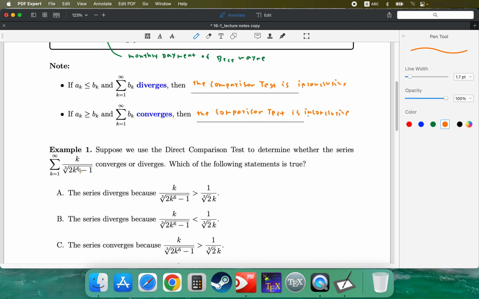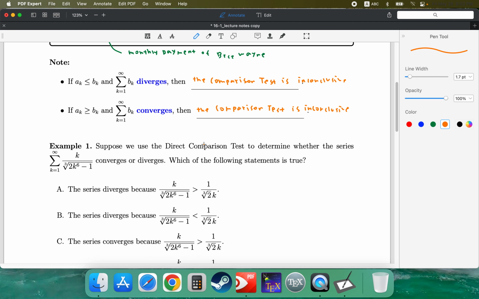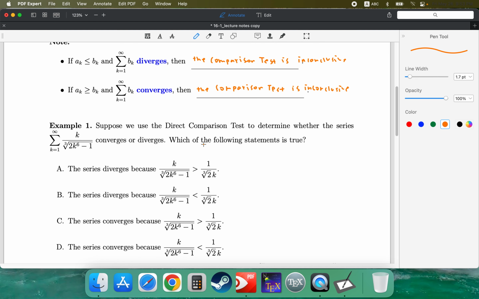Then you might be wondering, how do I pick that series? I know that you say we want to pick a geometric series or a P series, but which P series or which geometric series do I need to pick? Okay, that's a very good question. So let's take a look at the series right here.